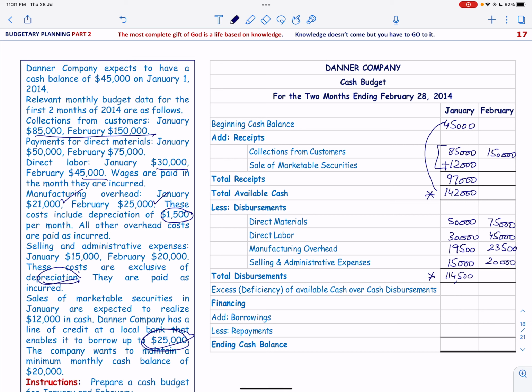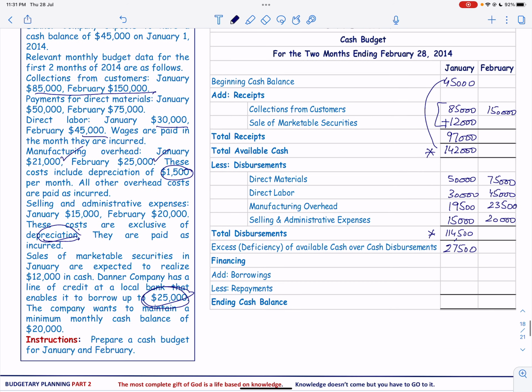So we have excess cash of 27,500. Now, the company wants to maintain a minimum monthly cash balance of 20,000. So we have a balance of 27,500, so we don't need to borrow or make any repayment. So the ending cash balance is 27,500.